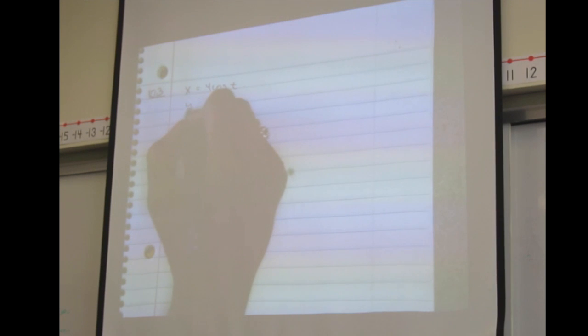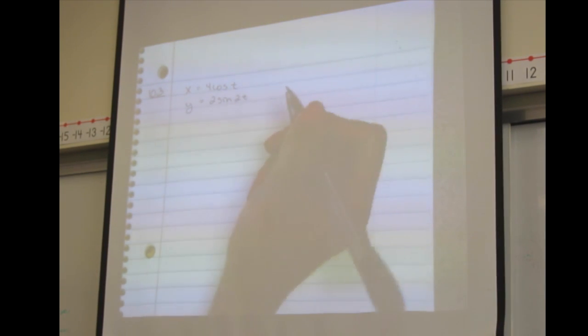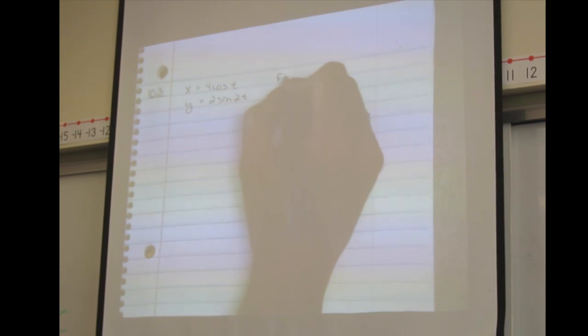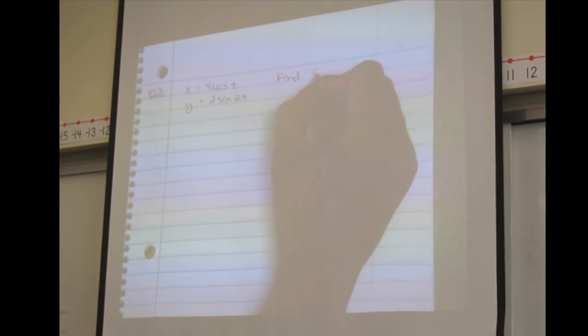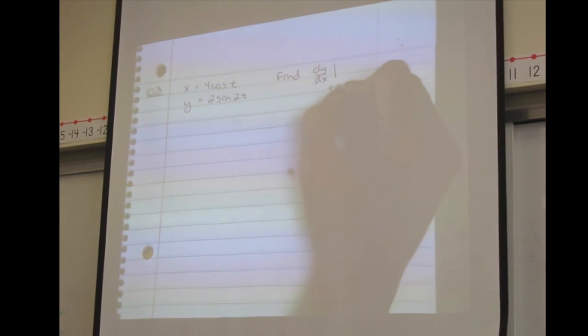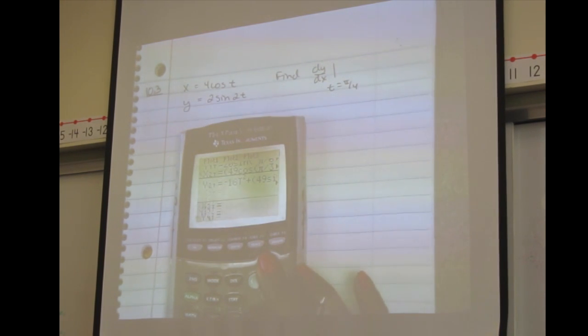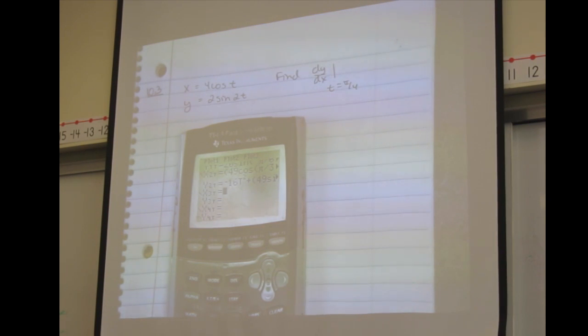So if I have x equal to 4 cosine t, y equal to 2 sine 2t, let's find dy dx at t equal to pi over 4. So here's my graph.